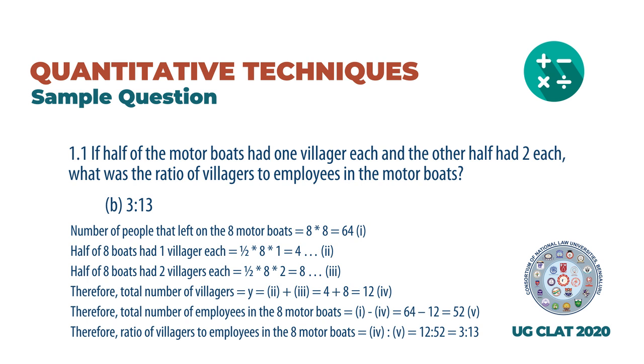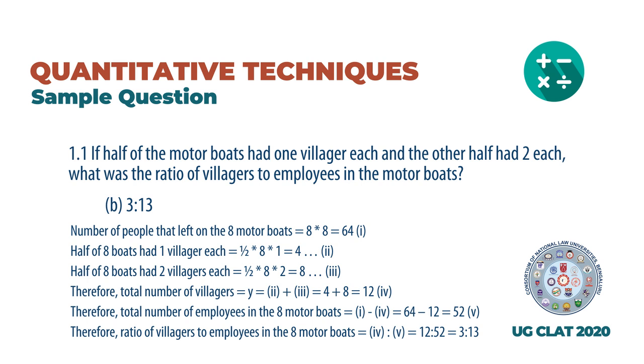Let's call this calculation 3. Therefore, the total number of villagers, that is y, is calculation 2 plus calculation 3, which is equal to 4 plus 8, which is 12. Let's call this calculation 4.